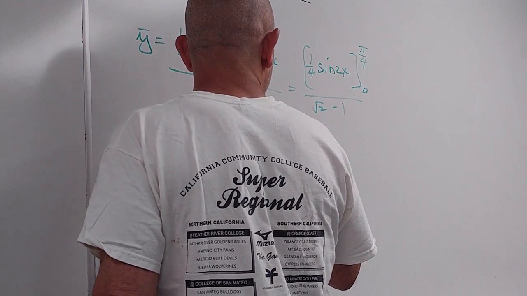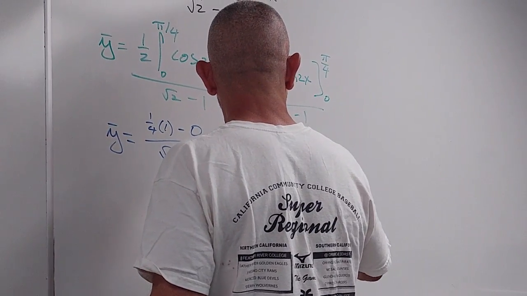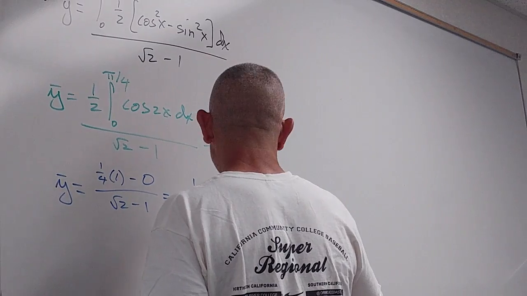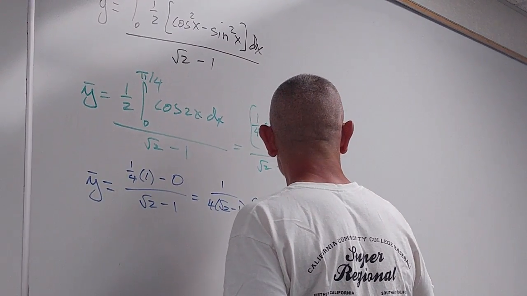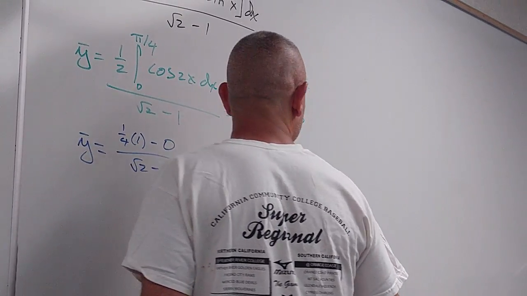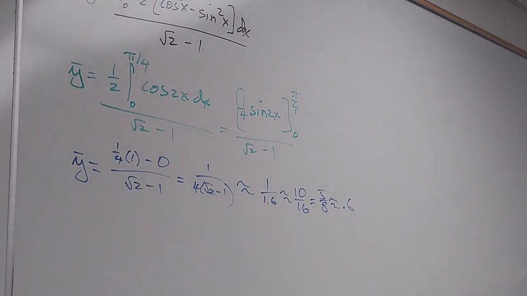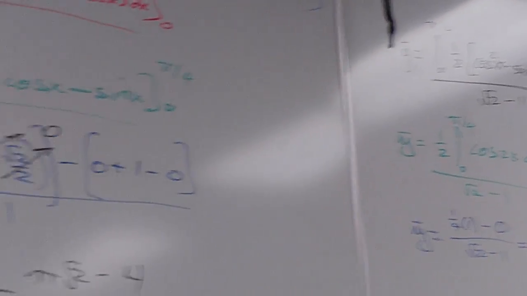Well, rad 2 is about 1.4, so this is like 1 over 1.6, so that's about 10. Oh, you made me do the calculation myself. This is about 5/8, so that's about 0.6. So there. She's forced my hand.